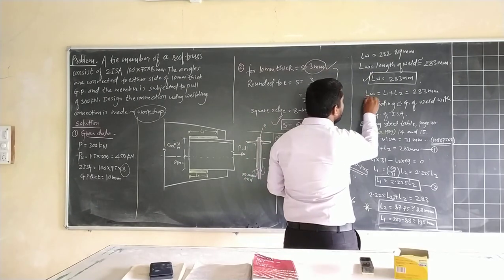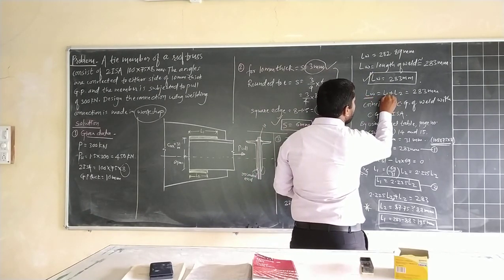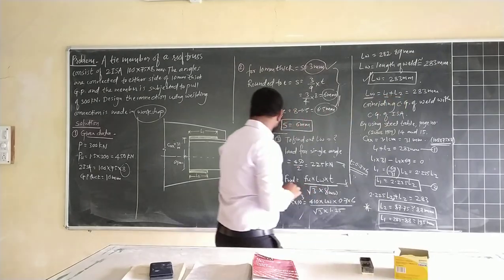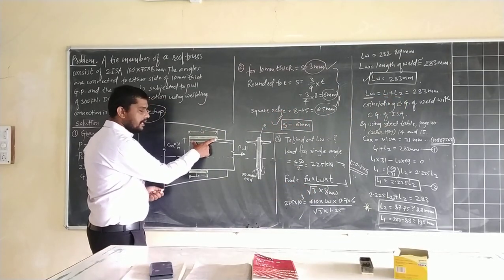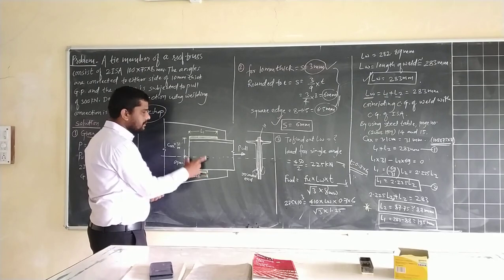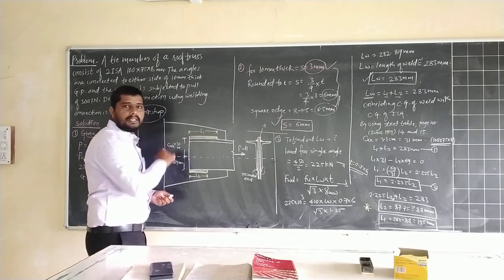So length of weld is nothing but the addition of L1 plus L2, means this length plus this length, L1 plus L2, equal to total length of weld.